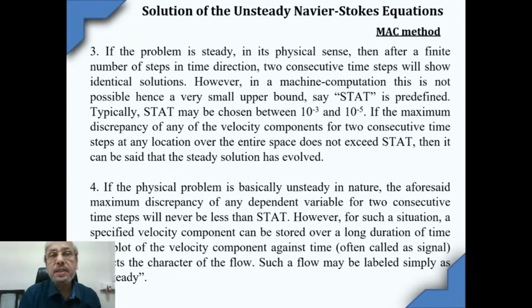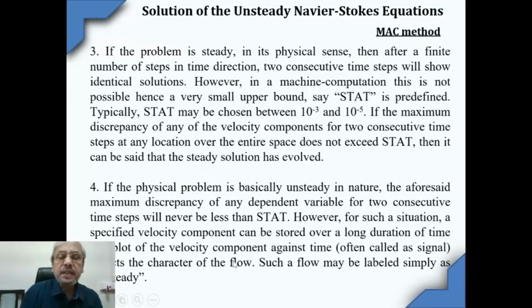And the signals are very useful in determining the different characteristics of flow, whether it is unsteady periodic or unsteady chaotic, or it is transitional flow. All such things can be depicted very nicely from such signals, which are basically a collection of velocity components at specified locations over time.